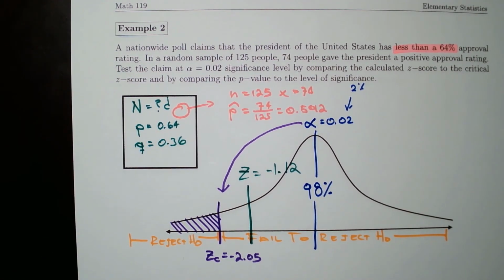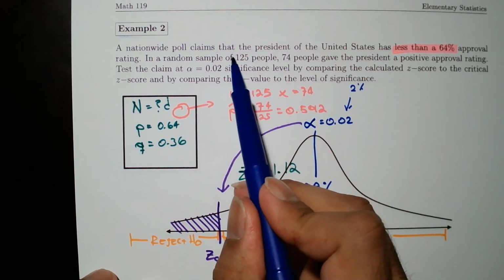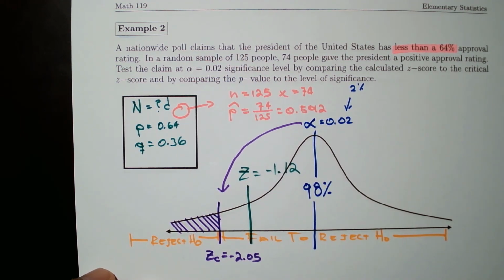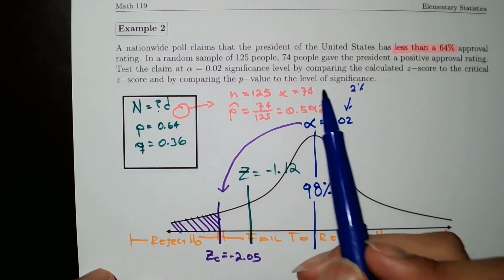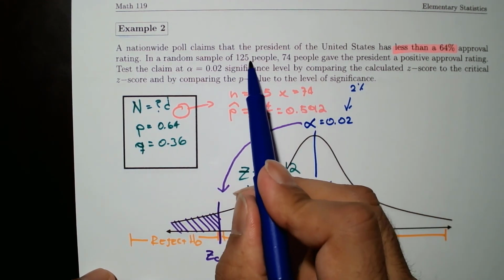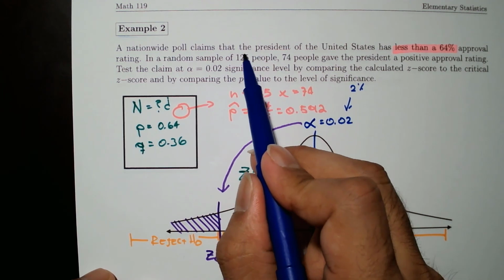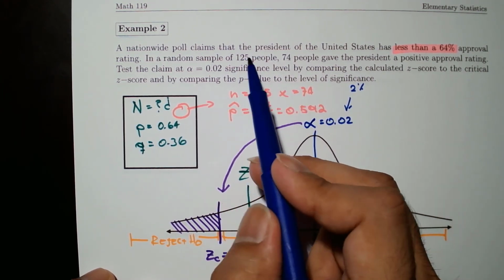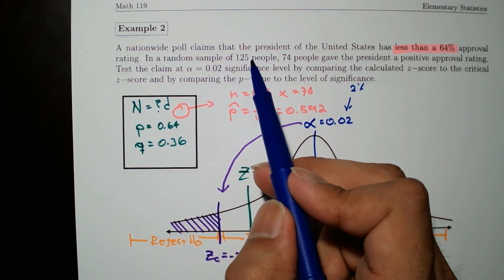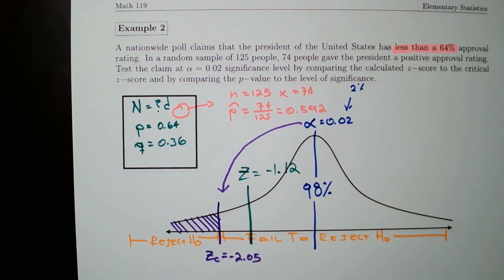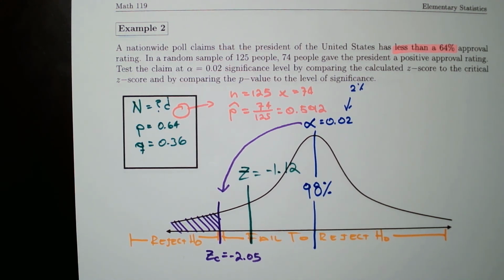Maybe there was an error in the sampling. Maybe the sample size must have been larger than 125 people. If you think about it, we're talking about the President of the United States. Surveying only 125 people from the entire country, maybe it's not the right sample size.